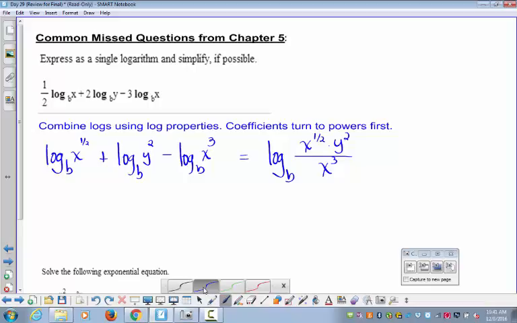We have a like power there that we can combine. We'll end up with y squared divided by x to the 5/2. So now we've taken those 3 logs and combined them into a single log.